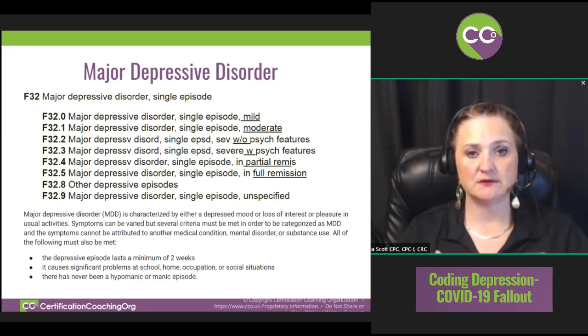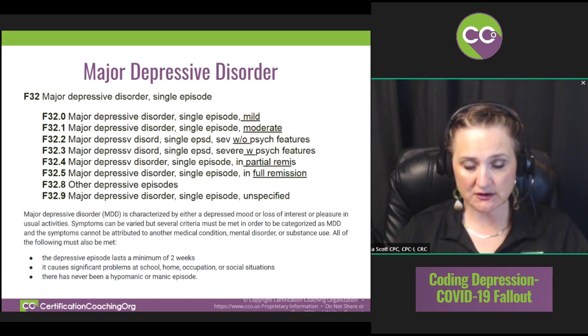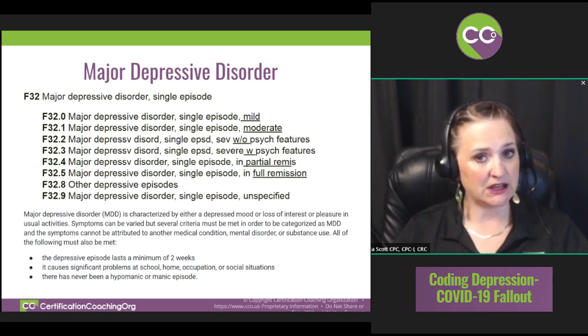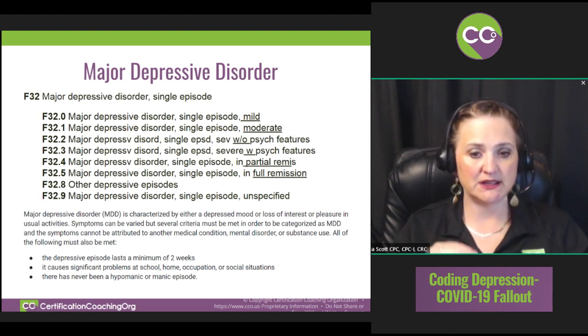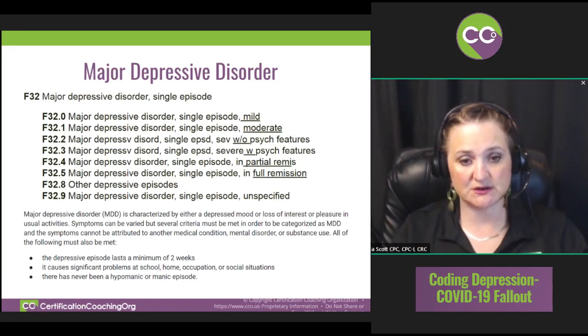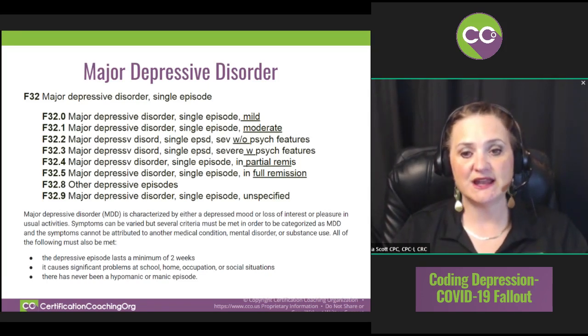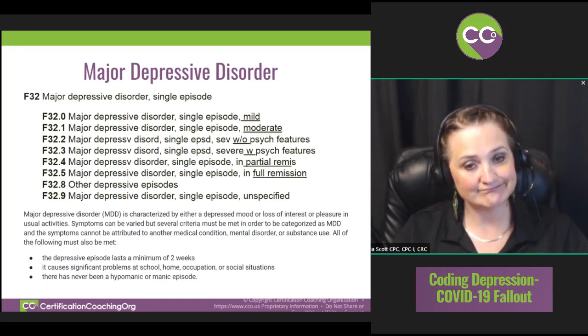We wrap up with episodes, meaning, but it doesn't meet this description. It's a major depressive disorder. It's in the guidelines of the descriptions that we already have. And then unspecified.